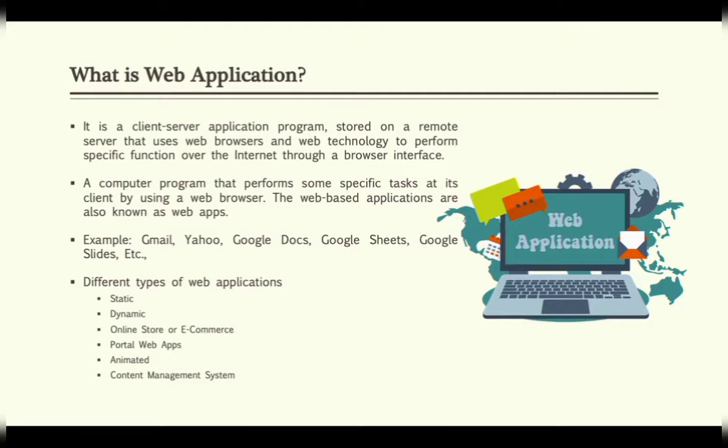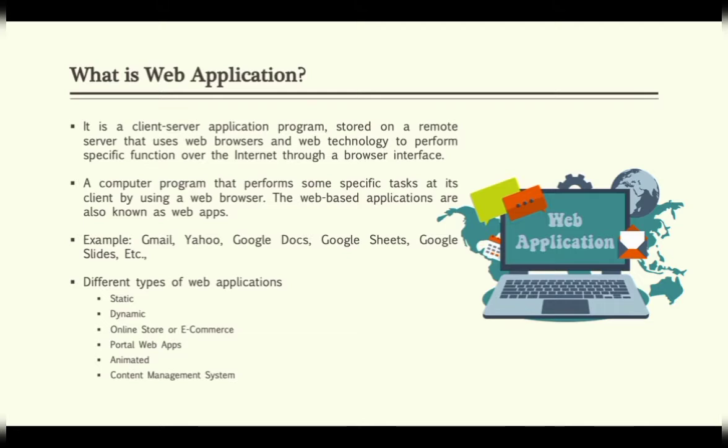For example, Gmail contains a lot of pages: create, inbox, send, draft and so on. Create supports creating a new mail. In the same way, inbox supports seeing the content received from one person to another person.